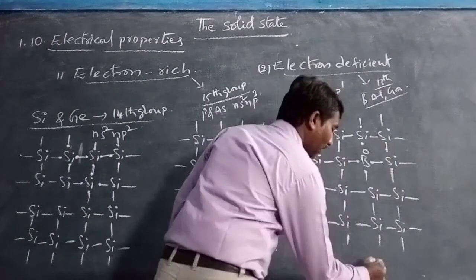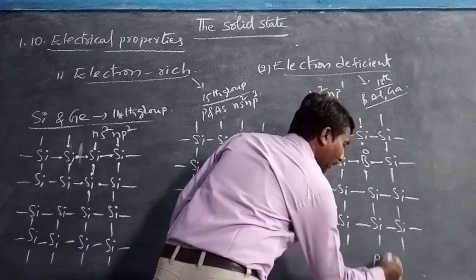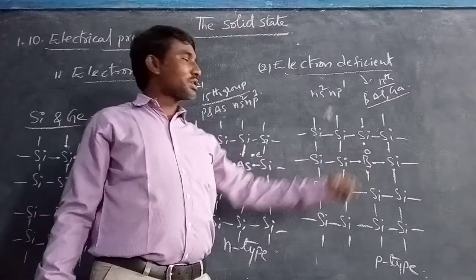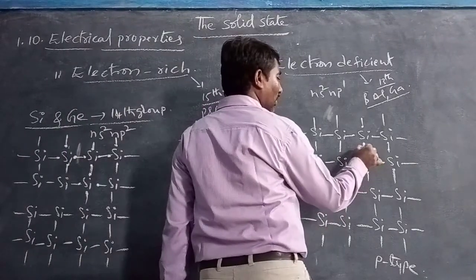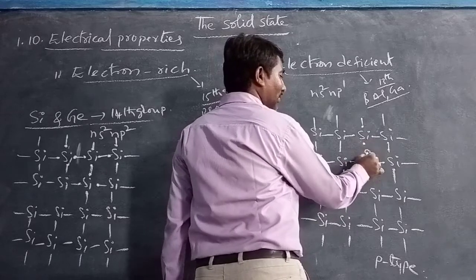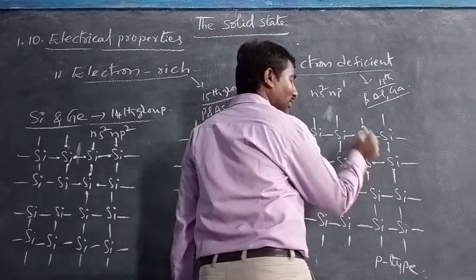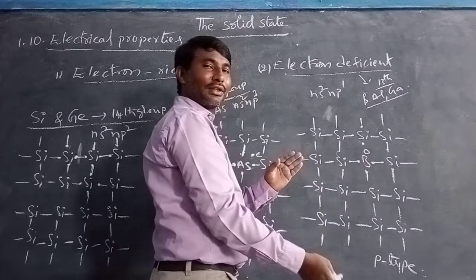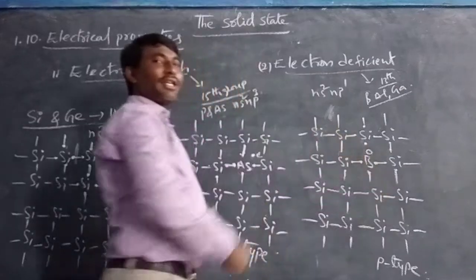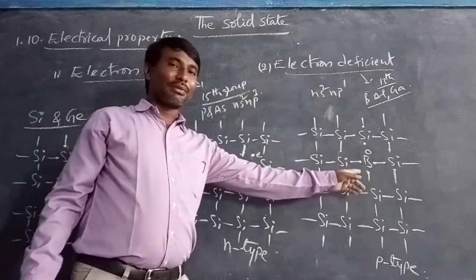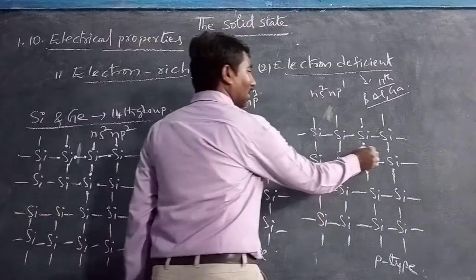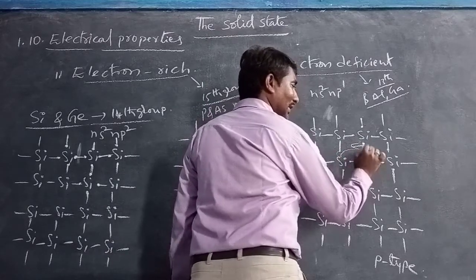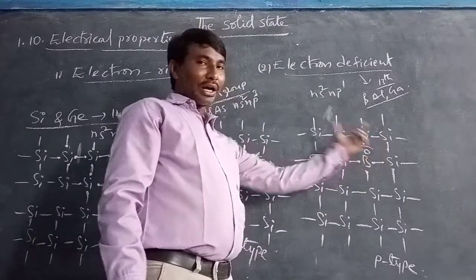So that's why this type of semiconductor is called p-type. P-type semiconductor has a positive hole. When an electron is added here, the electron flows from here to there, and the current flows in the opposite direction to the electron flow. When the electron shifts like this, the current will be in the opposite direction.